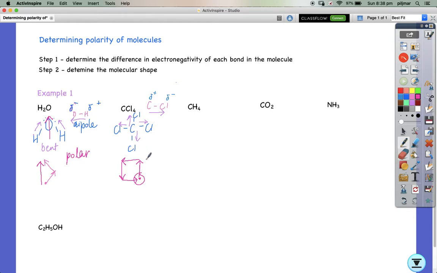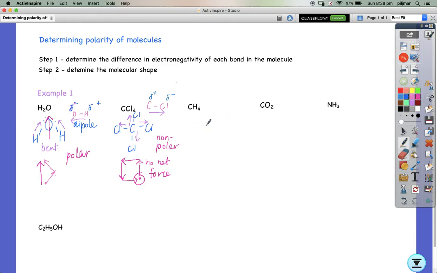So in this instance, we say there would be no net force of attraction. That means that even though this molecule has 4 polar bonds, it is actually non-polar. You can start to appreciate that this chlorine is attracting electrons towards itself, and this chlorine atom is attracting electrons towards itself, so there's going to be an equal pull of electrons on either side of the carbon atom.